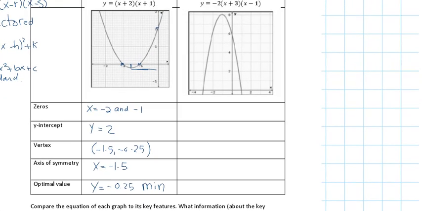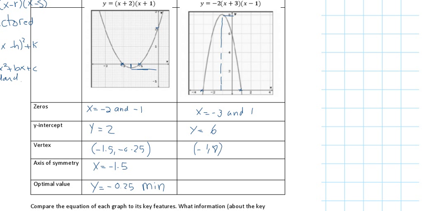And 1. Where is your y-intercept? And what is your vertex? That's an 8. And what is your axis of symmetry? And what's your optimal value? Max or min? Good.